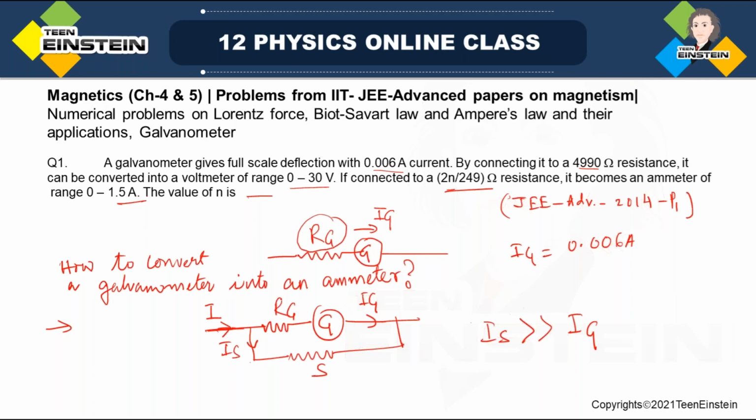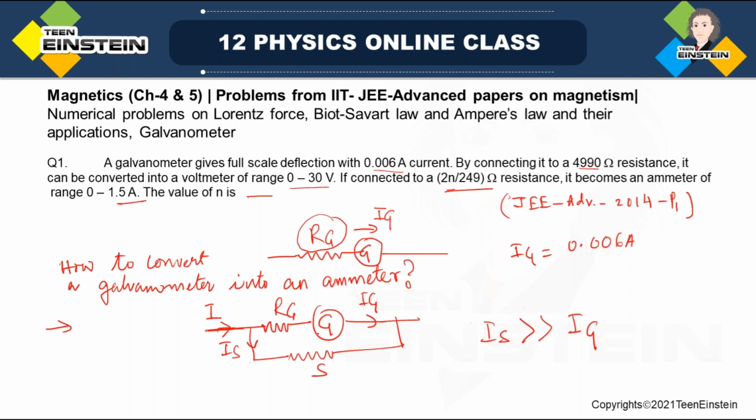Okay, and this is a measuring device, right? So a measuring device should not withdraw current, such that the appliances work with their full efficiency, right? So this is why we have to connect a very small resistance in parallel to the galvanometer, such that the whole current passes through the small resistance without any hindrance.